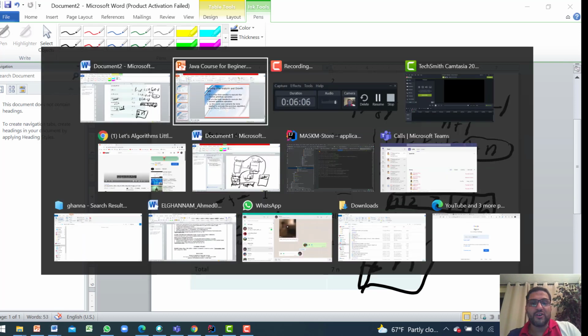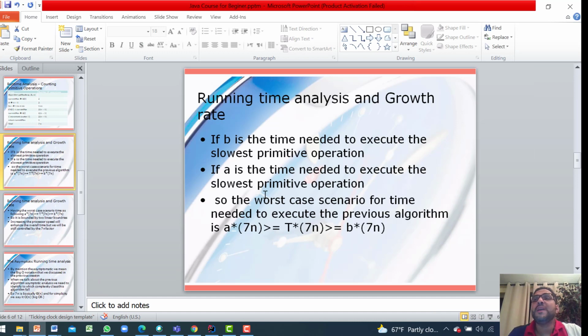So I'm going to assume B is the worst case scenario, or the slowest primitive operation, and A is the fastest primitive operation. So the execution of that algorithm might be between 7n multiplied by A, and the upper boundary is 7n multiplied by B, which is what I wrote here.